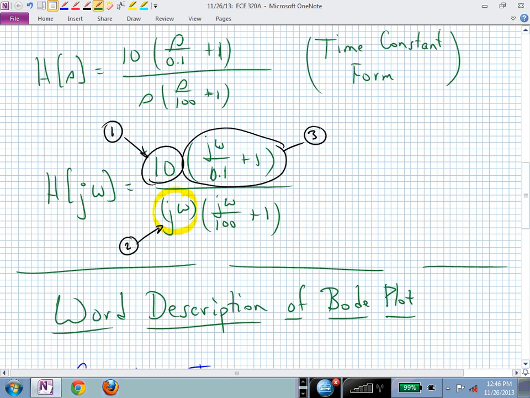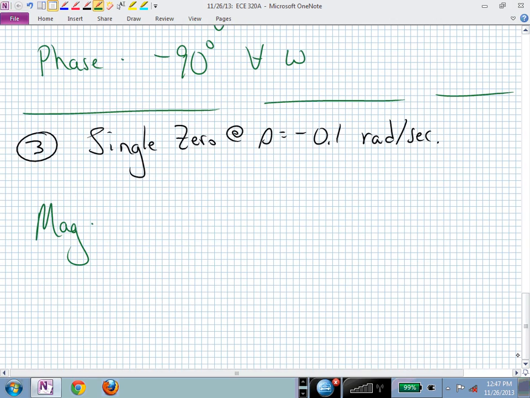But if I said low frequencies for that factor, you might say that's anything less than a decade before it breaks. That's maybe 0.01 radians per second. Is that clear? Meaning the magnitude is going to be 0 dB or flat until we get right to where that zero breaks.